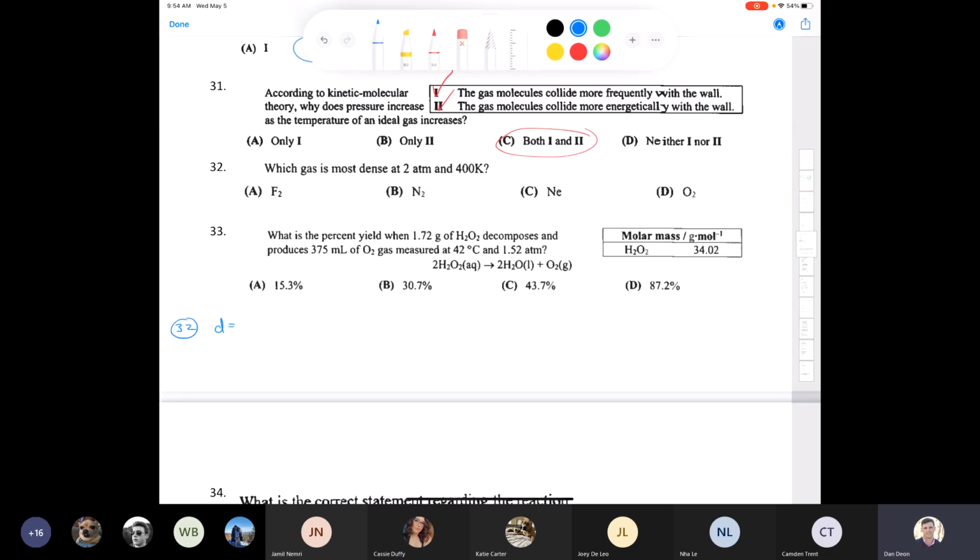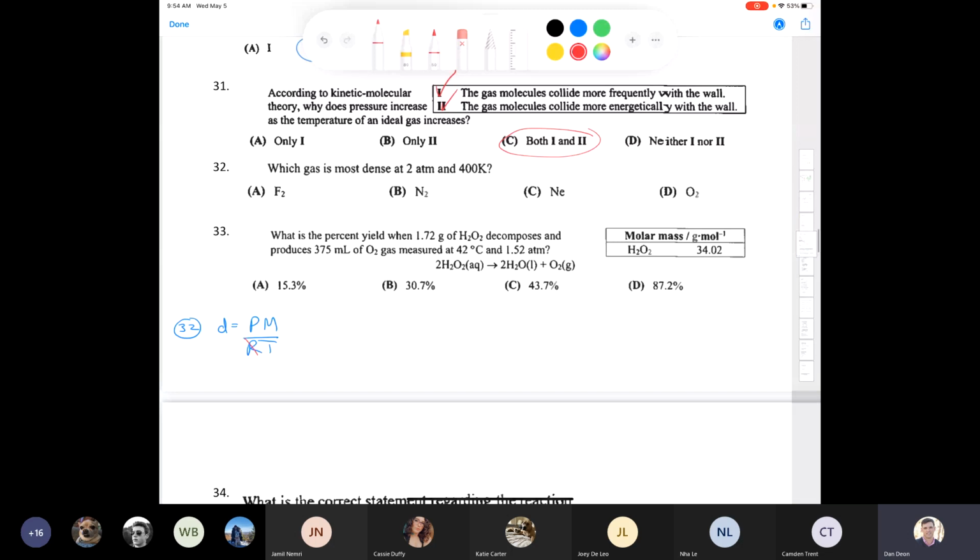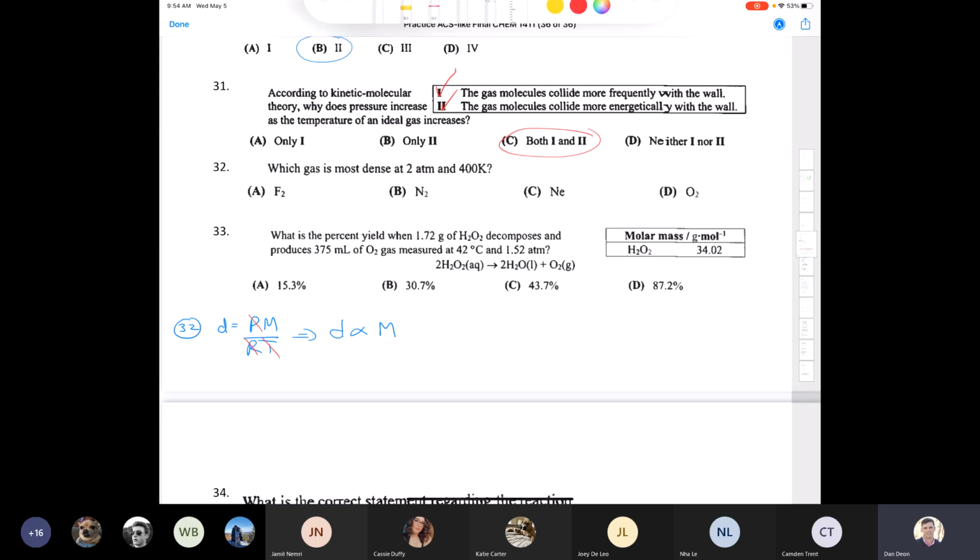D is equal to the pressure times the molar mass divided by R divided by T. So if R is a constant, T is a constant, if the pressure is constant for all of these, that tells you that density is directly proportional to molar mass. So then you just have to look at the molar mass of all 3 of these gases. And when you look at F2, N2, Ne, and O2, well, neon only has a mass of 20 and fluorine is 19. You got 2 of them, so that makes 38. So it's going to be fluorine.